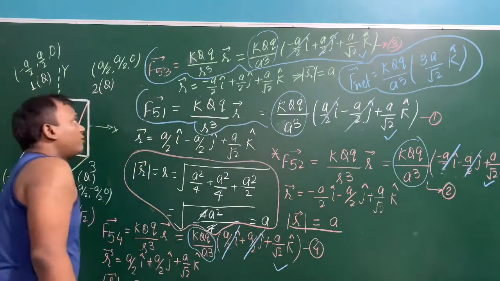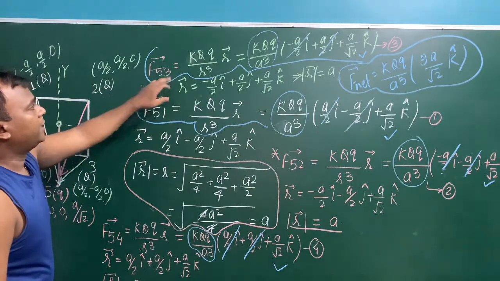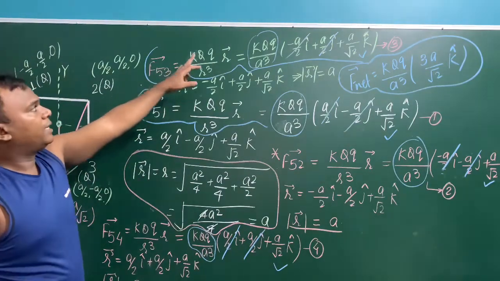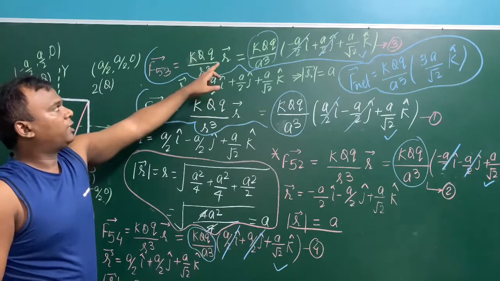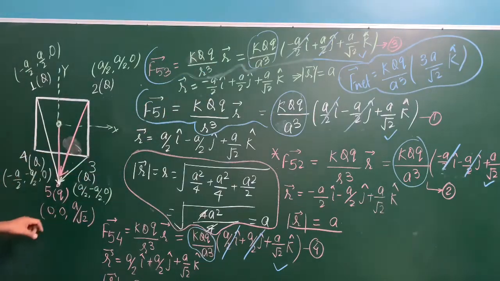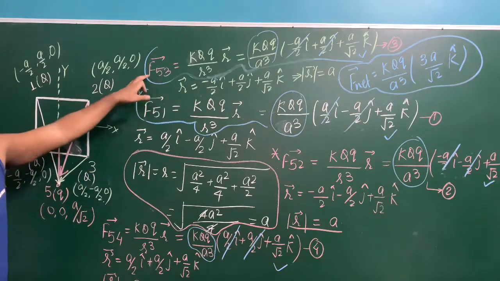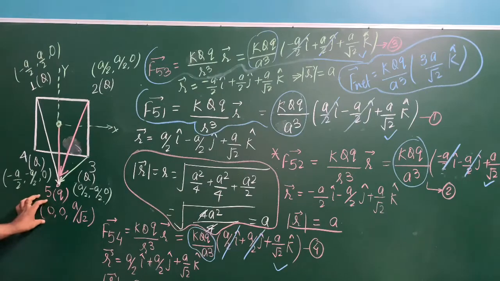Now we will calculate force on 5 due to 3. So that will be equal to K capital Q small q divided by r cube into R vector, where R vector will be minus a by 2 i cap plus a by 2 j cap plus a by root 2 k cap. So 5 is here and 3 is here.